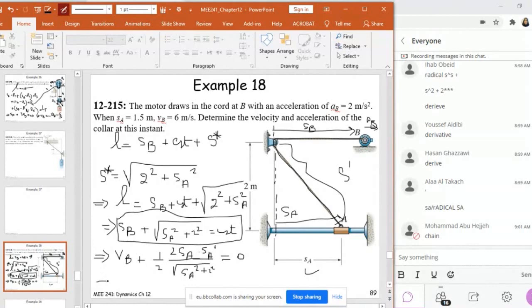You're right. Okay, now this means that VB plus half of 2, simplified, plus VA times SA over radical SA squared.